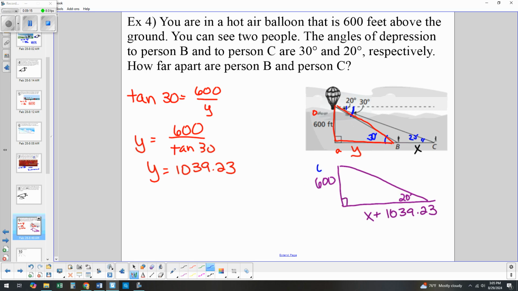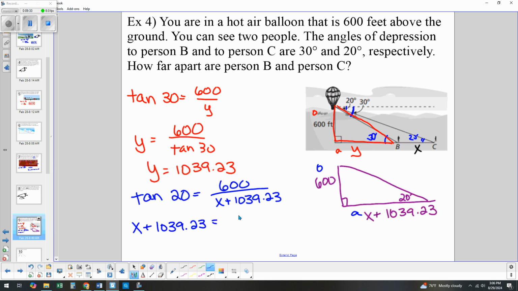So if I have O and A again, we're going to use tangent 20 equals 600 over x plus 1039.23. So the variable's on the bottom, so x plus 1039.23 equals 600 divided by the tangent of 20.